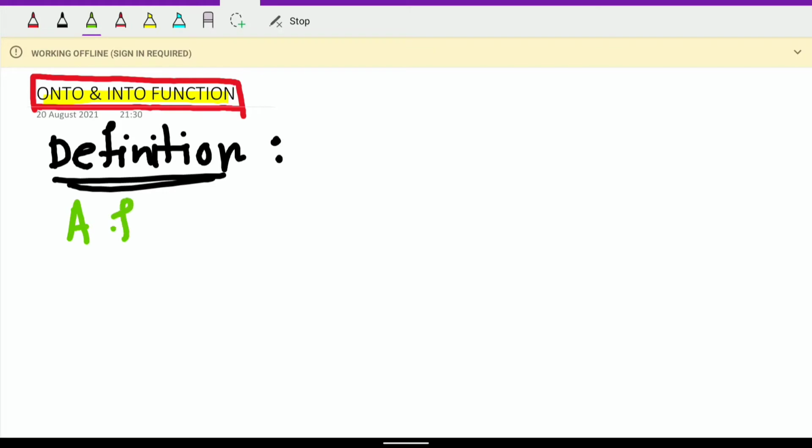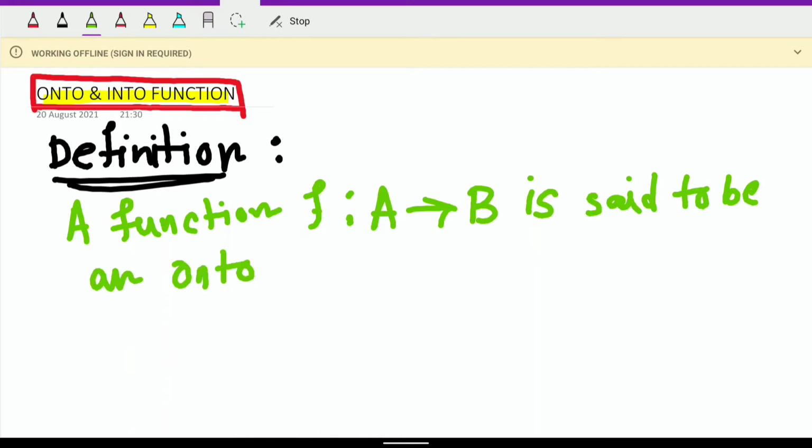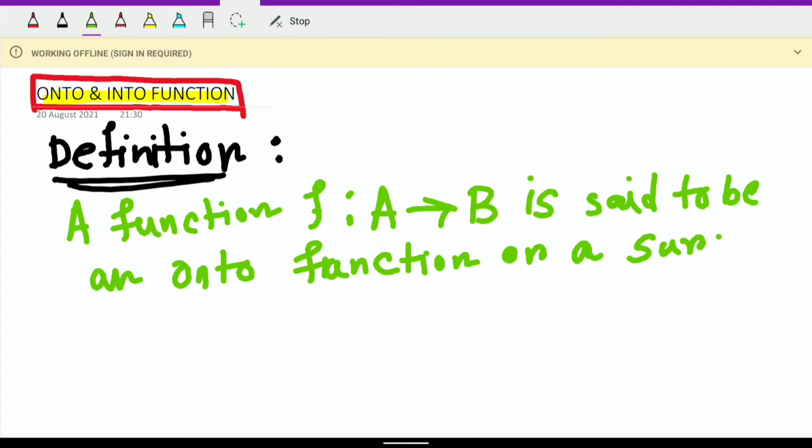Definition of onto function: a function f that maps A to B is said to be an onto function, or a surjection.